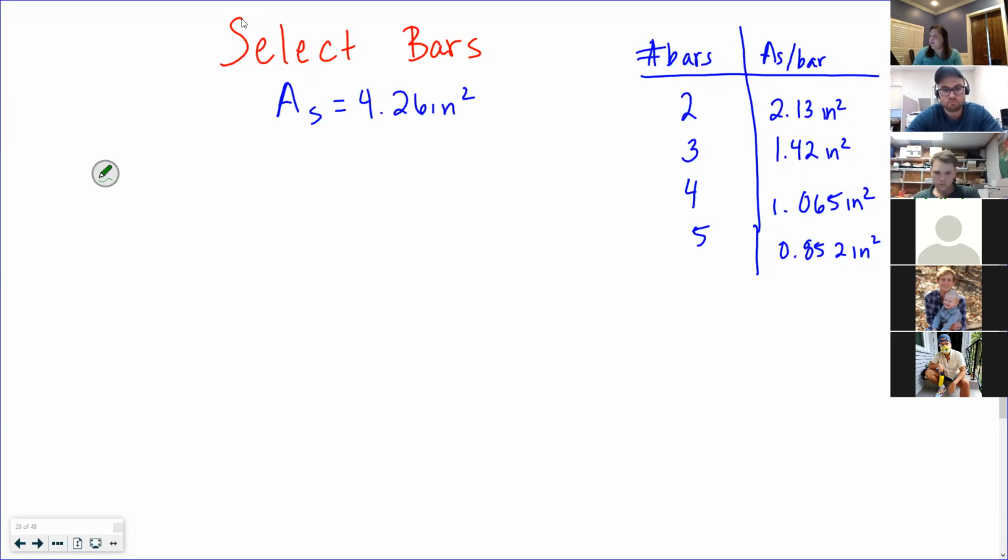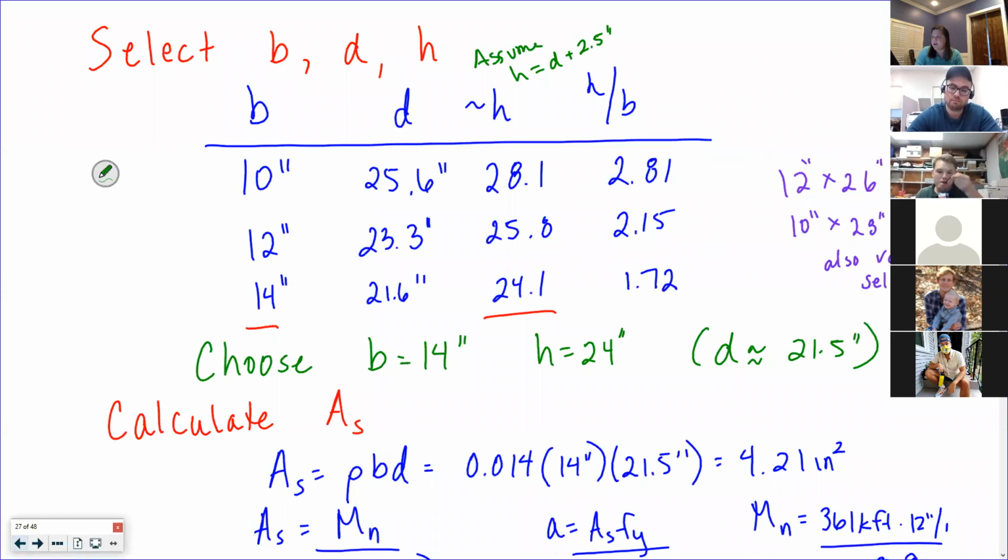If we do it the other way, I was trying to break it into 2 rows and I still couldn't get it very good. If we go back to the sizes, the width is going to help us with the fit horizontally, and the height is going to help us with that moment arm, so that'll increase our moment capacity.